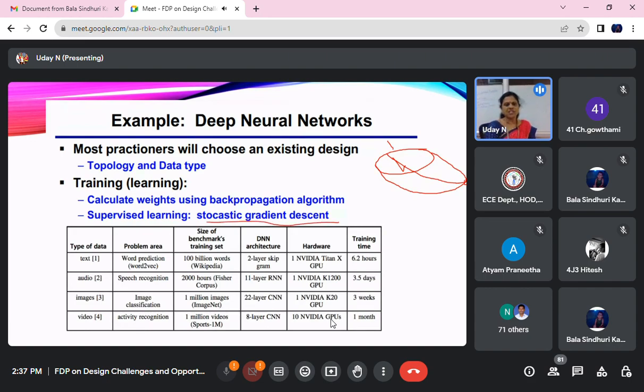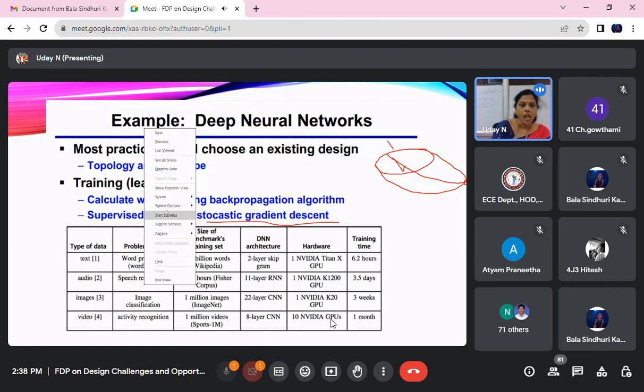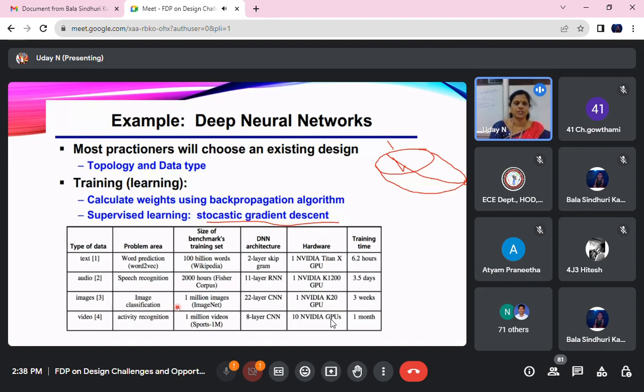This is the most general, but it's not always stochastic gradient descent. There are a number of other supervised learning algorithms also, but the most popular one is stochastic gradient descent. We also have optimization algorithms called RMSprop and momentum and so on. But that is one of the algorithms used in training the deep neural network architecture.